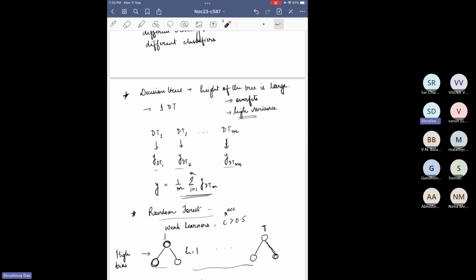So suppose you have some points, say like this and like this on the 2D plane. If you have only one linear learner, it will try to learn some decision boundary like this. Actually, let me give you a different example. There are some more points like this.